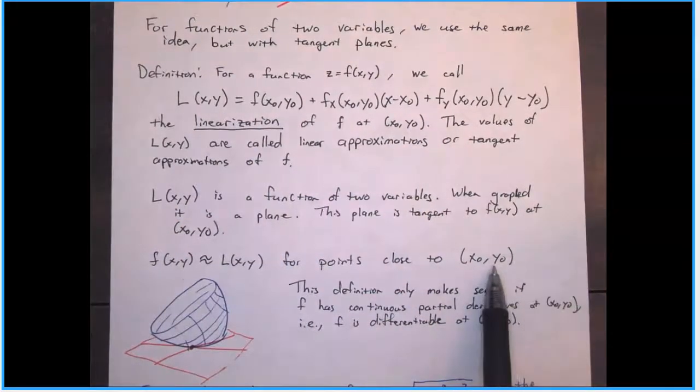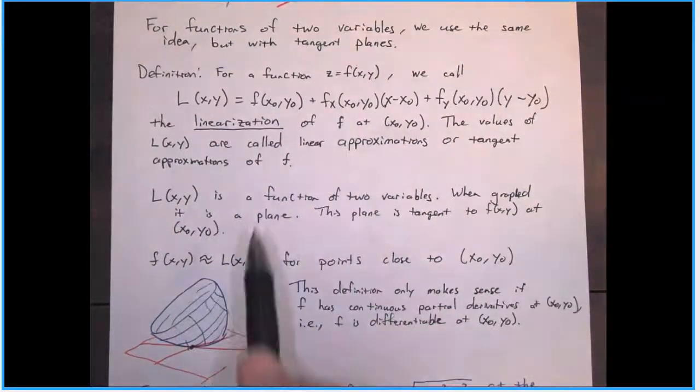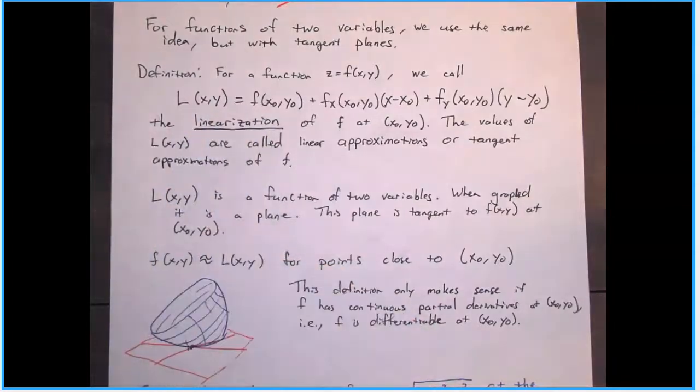So at the point x naught, y naught, this is the tangent point, L and f agree, they're exactly the same. And that makes sense because that's the point where we're finding the tangent plane. That's the point where we're starting our linearization. So they agree at one single point, at least one, most likely only one, unless this surface is also a plane. And in a small region around x naught, y naught, it's a good approximation.